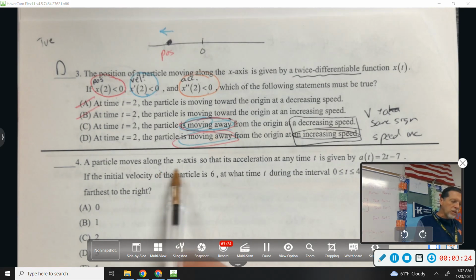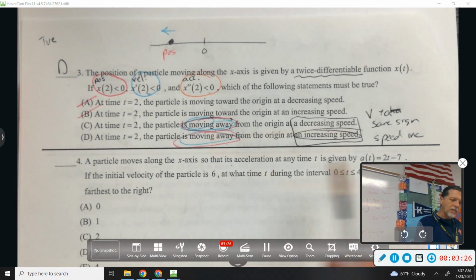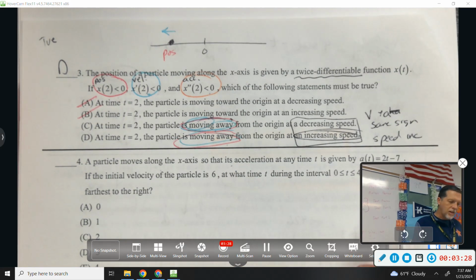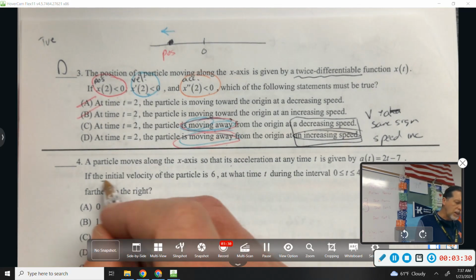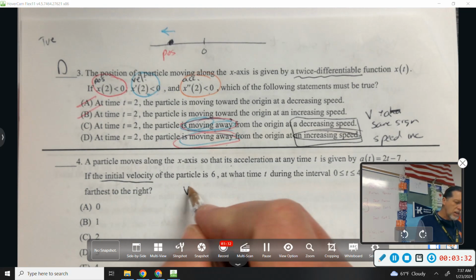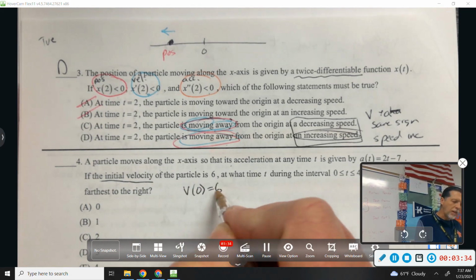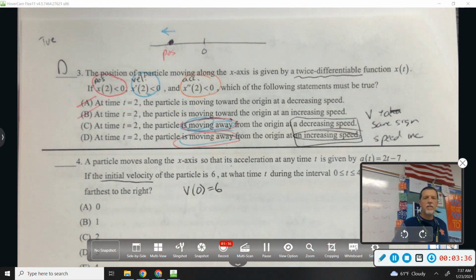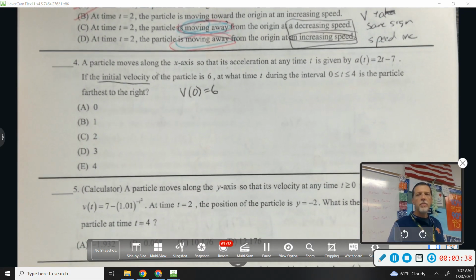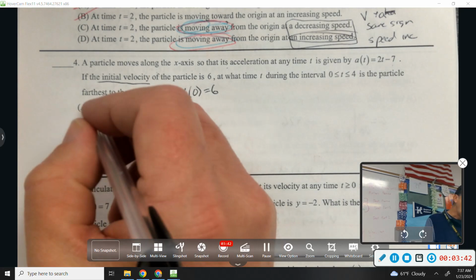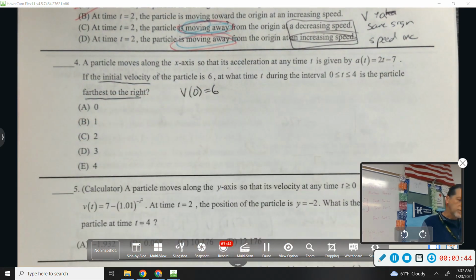Number 4. A particle moves along the x-axis so that its acceleration is given by this. If the initial velocity, so I'm going to rewrite that as V of 0 is 6. At what time during 0 to 4 is the particle farthest to the right? Let's see.